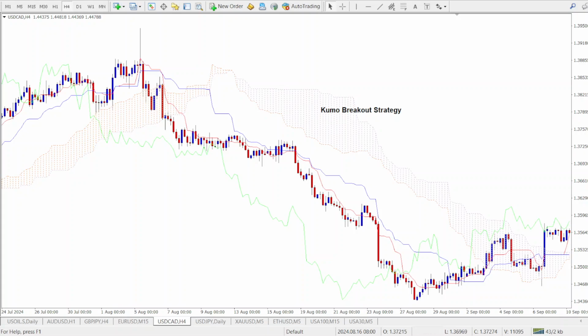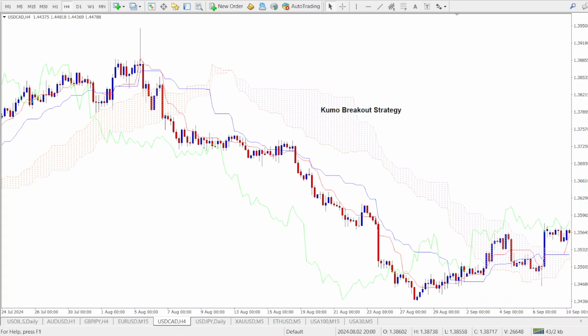The Ichimoku Cloud is a part of the Ichimoku Kinko Hyo system, and it is made up of two lines, as you can see. This is one line, this is another line, and both lines have different colors. If you look at it closely, you'll see that this line is more like an orange color, while this is more like a gray color.